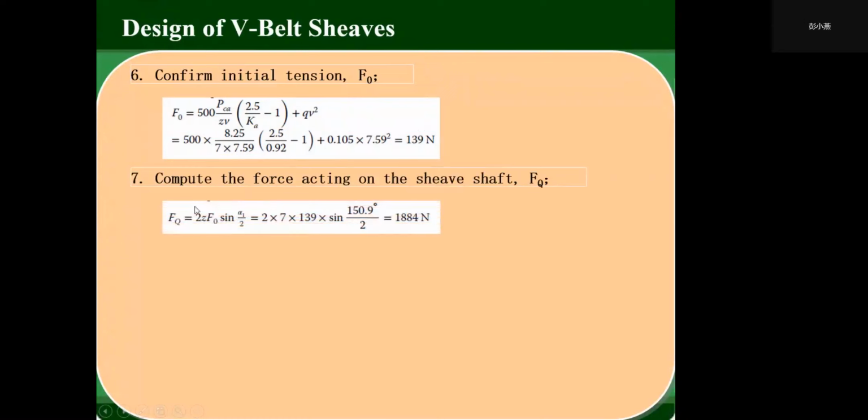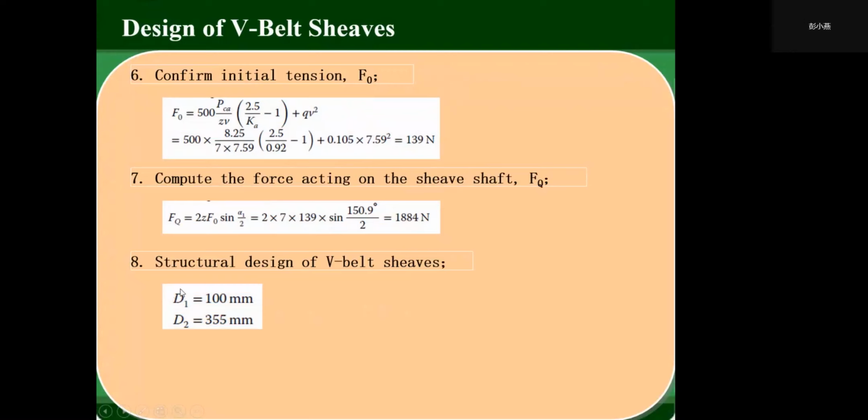We use the Q and calculate the V and Z and calculate PCA and use K alpha and calculate the initial tension F0 is 139, and then compute the force acting on the shaft and choose structure for sheaves.